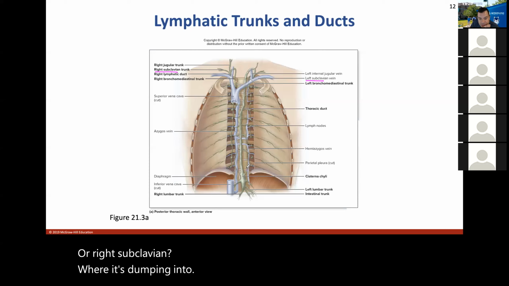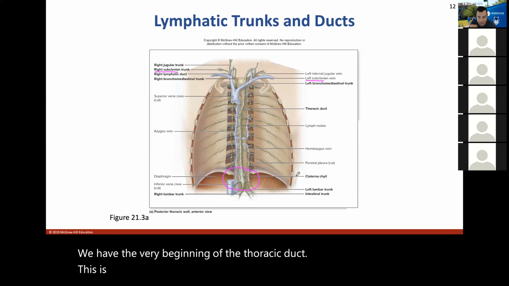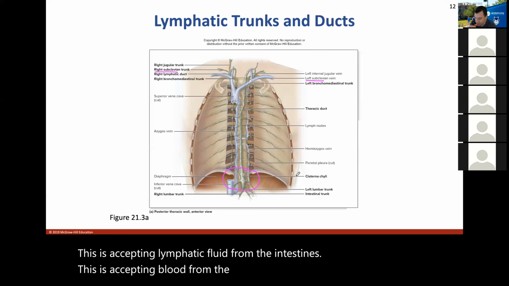At the very bottom here, we have the very beginning of the thoracic duct. This is accepting lymphatic fluid from the intestines. This is accepting fluid from the right lumbar duct, the left lumbar duct.